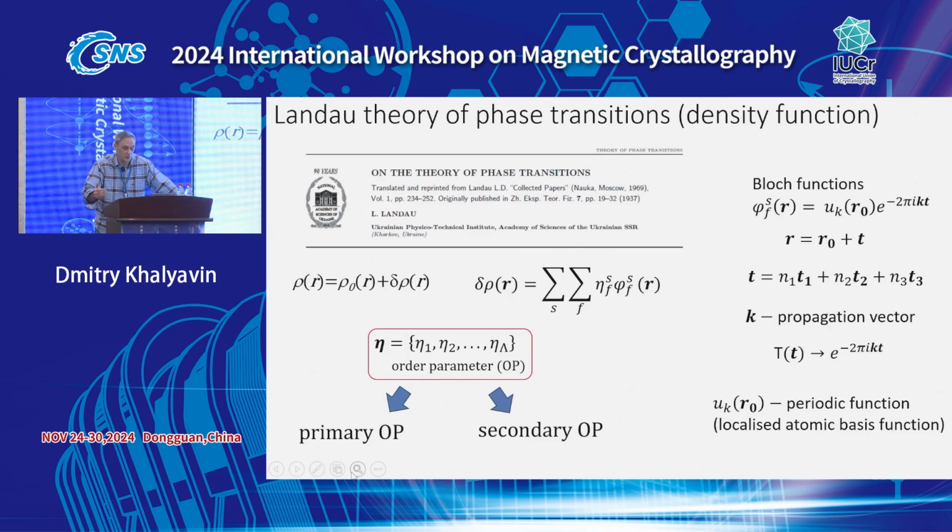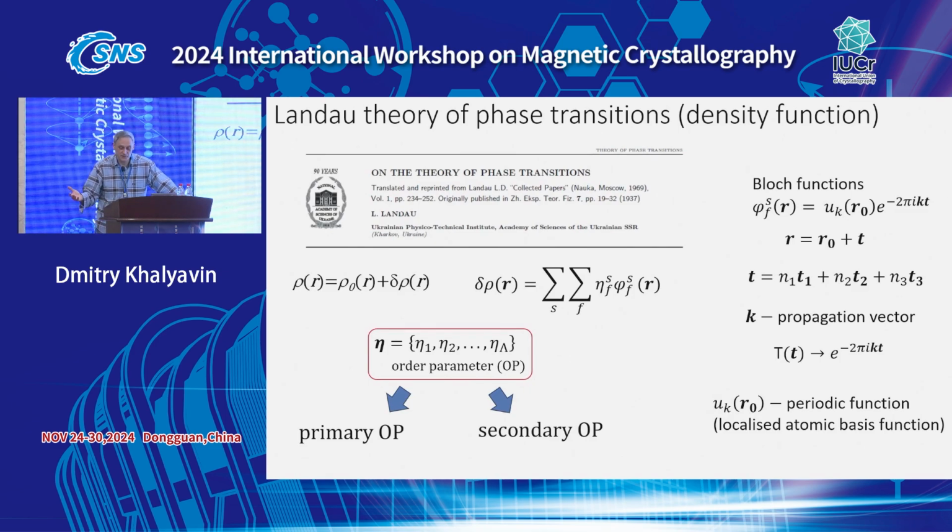You calculate these periodic functions, the localized atomic basis functions. And as has been explained in a very plain way, we have this complex exponent because each space group has a subgroup of translations.